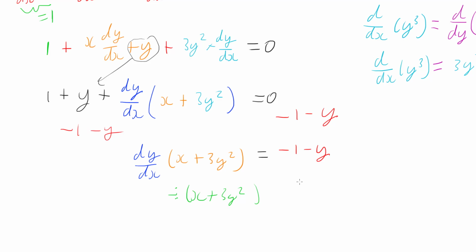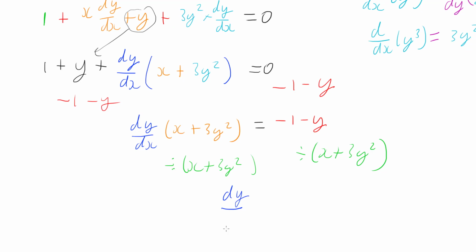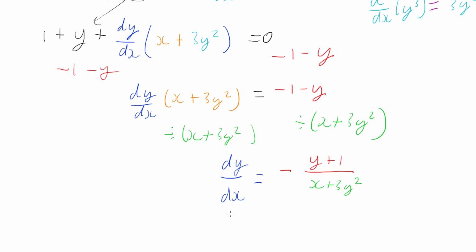That leaves me dy/dx on its own, and I'm going to bring the negative out the front: negative (y plus 1) over (x plus 3y squared). And that's our answer. We are done there.